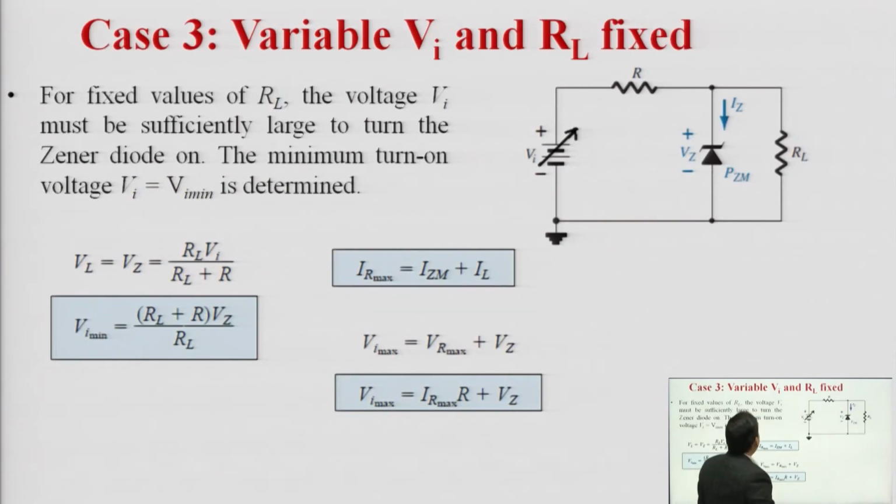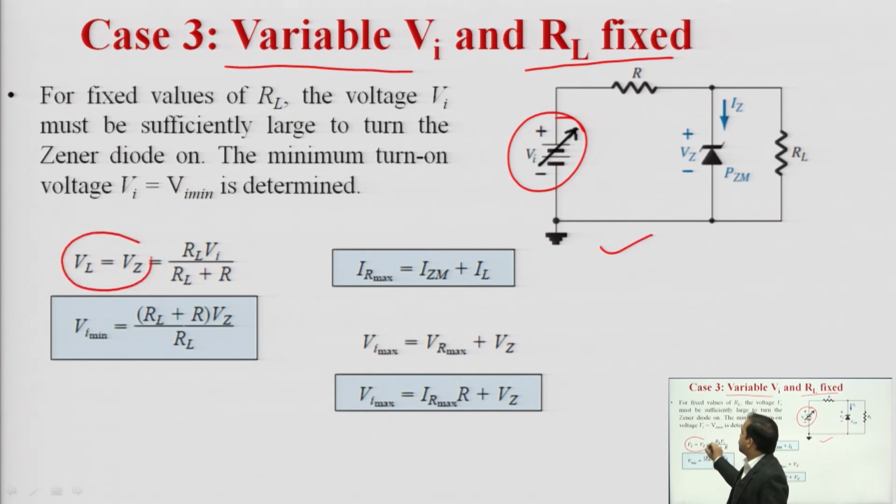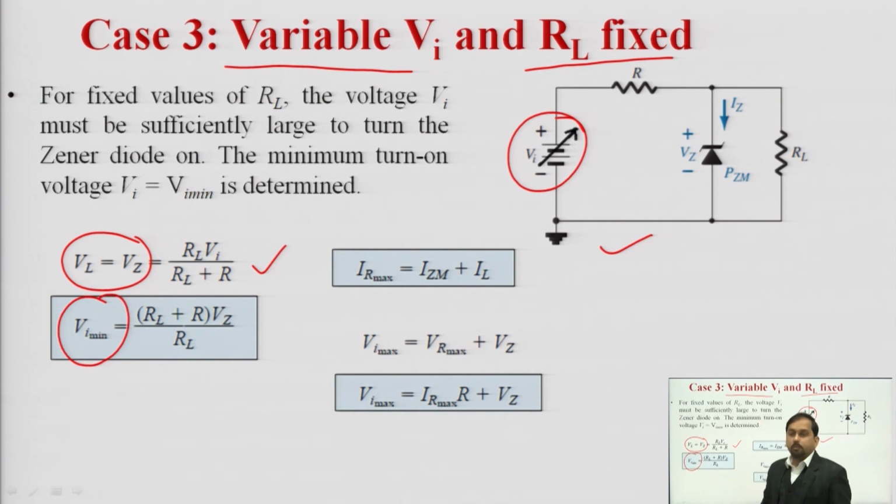Next we have the third case, where Vi is variable and RL is fixed. Now the input is variable but the load is fixed, which means there is a fluctuation in the input voltage. Again we can use VL equals Vz, and if we apply the voltage divider, we can calculate the minimum value of input voltage.